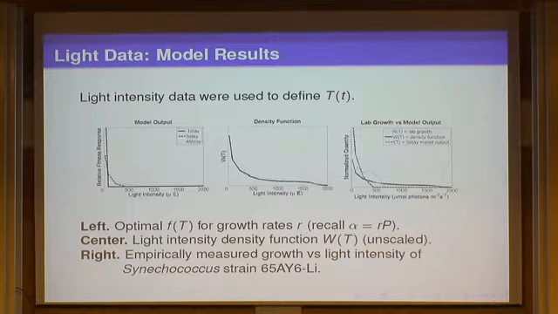And then this is the curve I just showed you. This is actual growth of one of these species that lives at the top of the mat. So what we're comparing is this curve versus this one, which we were actually fairly pleased with. The important thing is that both of these predict a cutoff in this range.